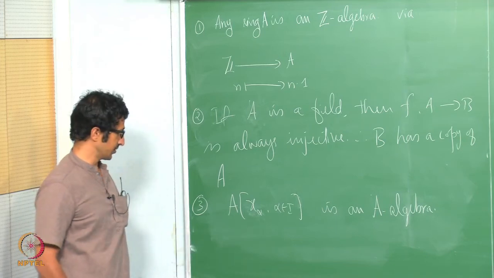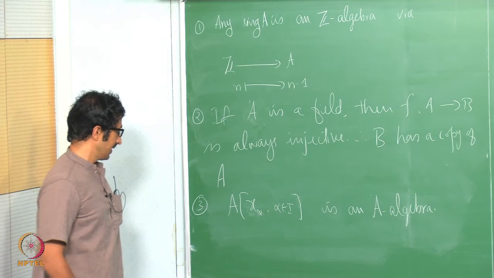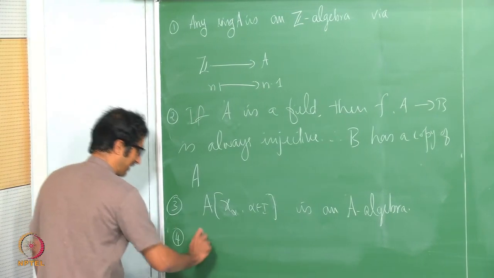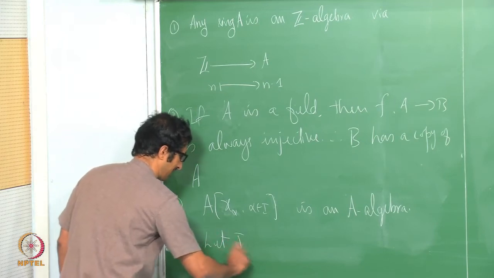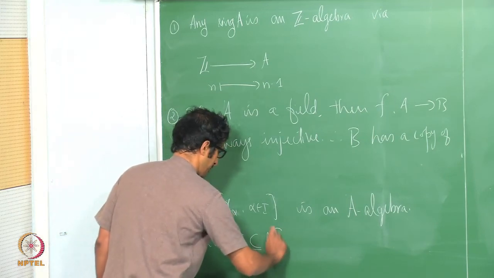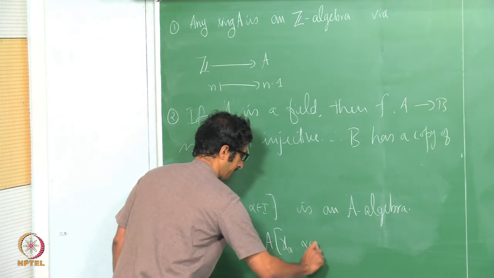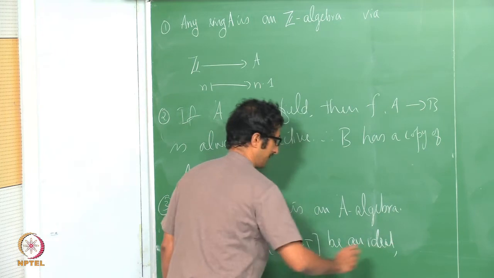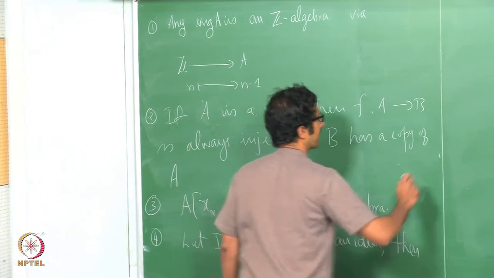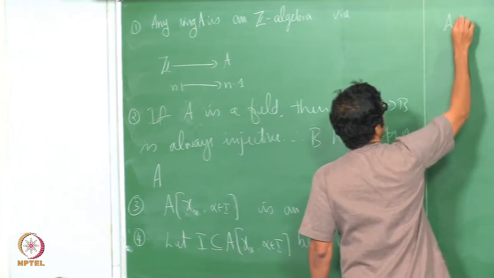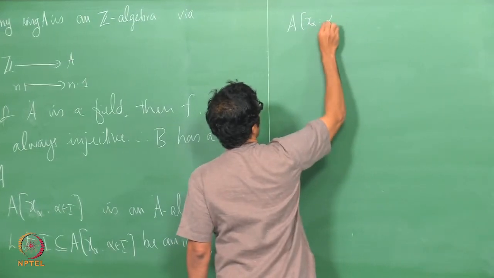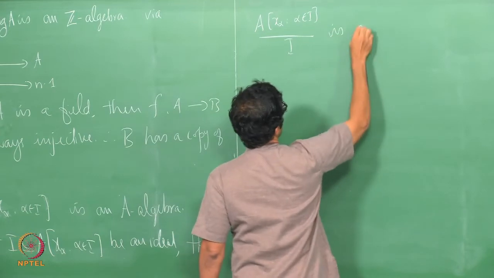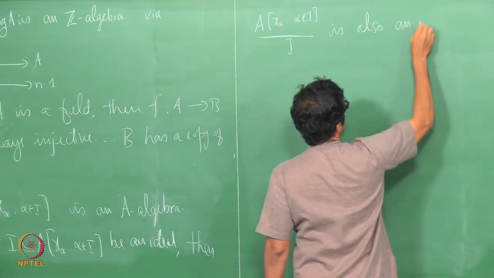So, this is an A algebra. In fact, more generally, if I have an ideal, let I be an ideal, then this is also an A algebra.